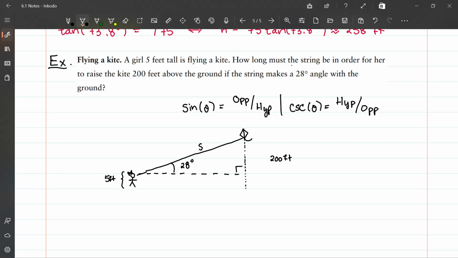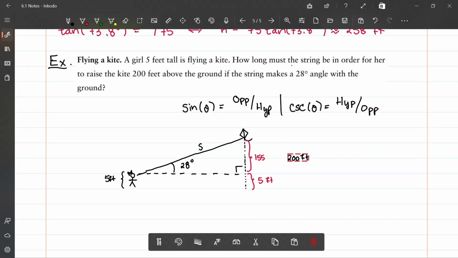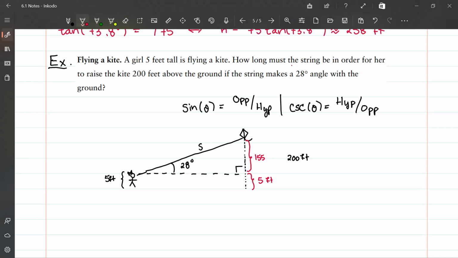Since the little girl is 5 feet tall, one of the things that we should note in the picture is, from this point to the ground is 5 feet as well, which means that from the bottom of the kite to this point here at the girl's head height must be 155 feet. In fact, let me go ahead and scoot things around so I can write that information all in one spot, because that's important to know. That's really important, and it shows the value of a good picture here.